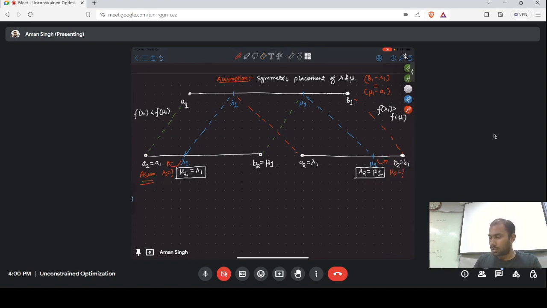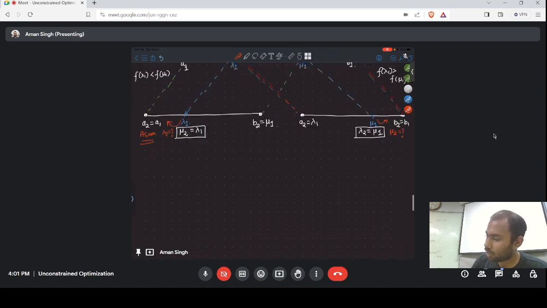Okay, so this is the next question: how do we find these two points? And you can already visually see that at each iteration here we only require one function evaluation, correct? Yeah, so we'll move ahead.